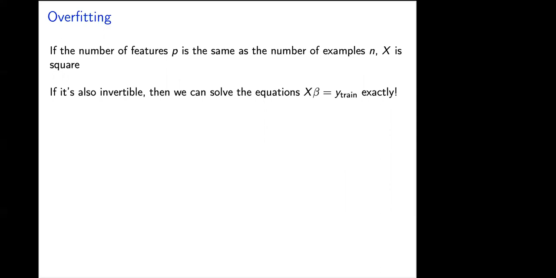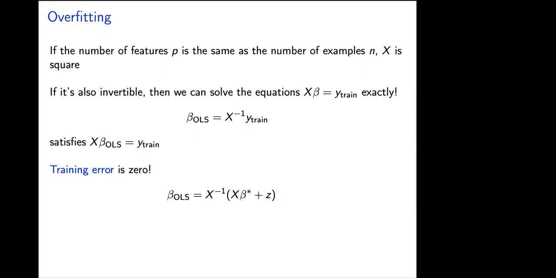But if we end up with an invertible matrix, we can solve this equation perfectly. We can get a perfect Y that is exactly the same as what we've trained with. Wow, that's so great, right? We've got 0 training error, except that it's actually not great, right?